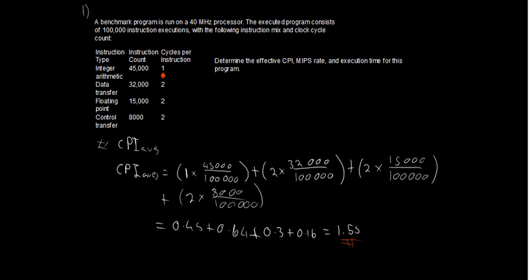Now, what's the next one? Our MIPS rate. It can be calculated in multiple ways, but I'm going to use the one that relies on frequency, since we don't have the time taken yet. So it's going to be F over CPI times 10 to the power 6.